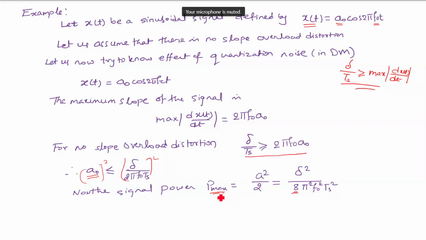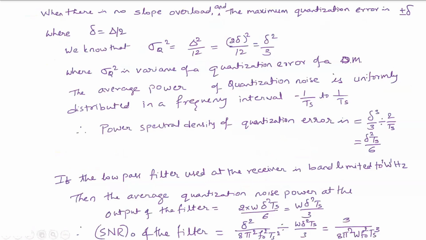The maximum signal power can be delta square by 8 pi square f naught square ts square for no slope overload distortion.